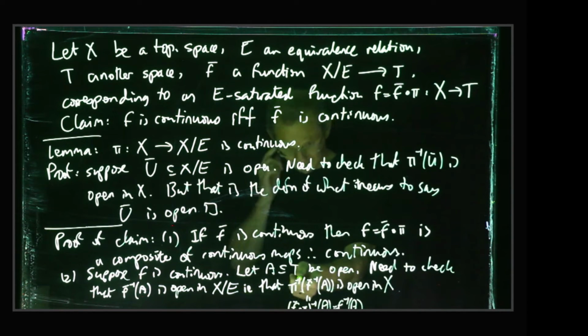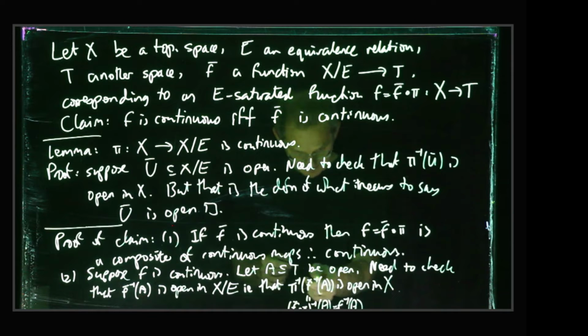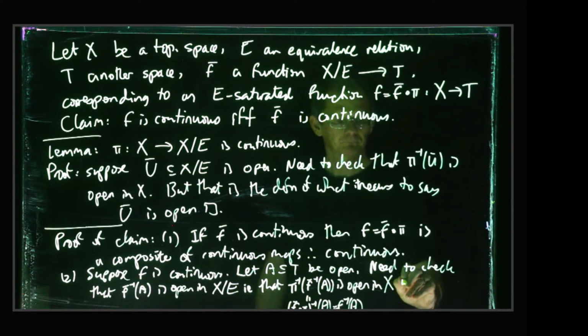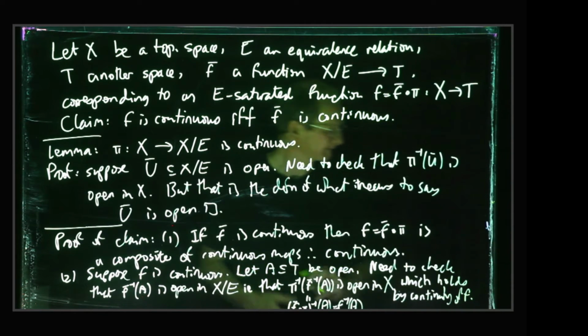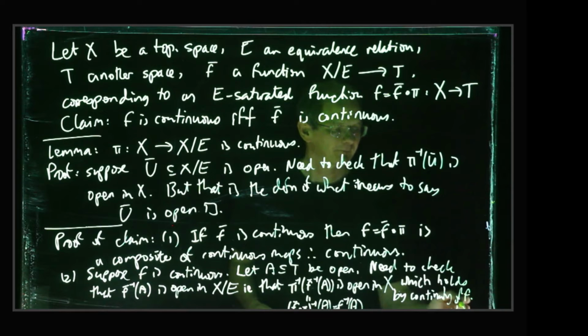The preimage under the composite f bar composed with pi, but f bar composed with pi is just equal to f. So this set that we're looking at here is just f inverse of A, and that is open by continuity of f. Okay, so this completes the proof of this claim.